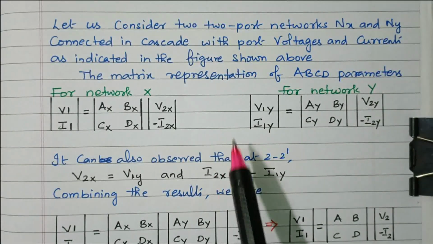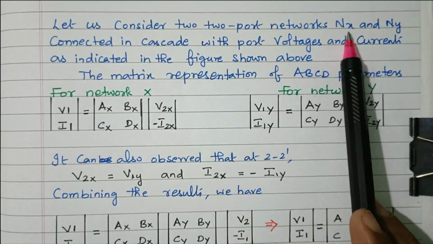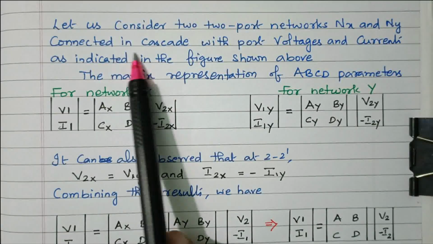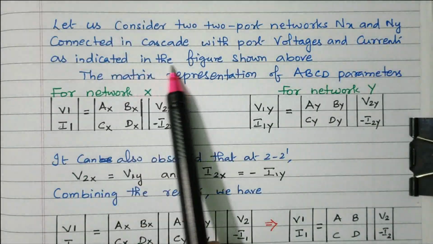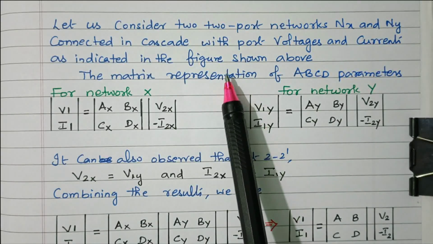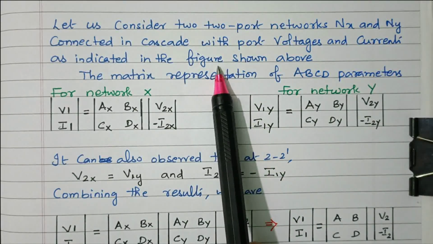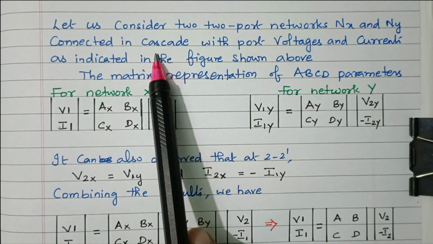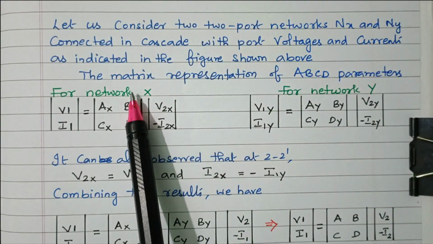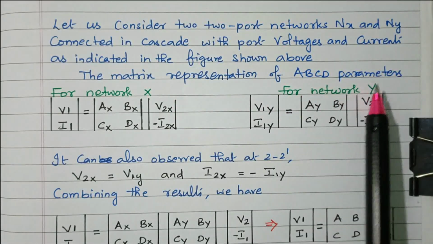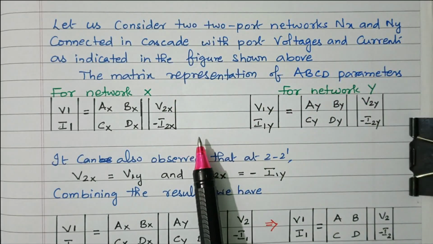Let us consider two-port networks NX and NY connected in cascade, with the port voltages and currents indicated in the figure. Right? So what we discussed: two networks are connected in series cascade, and the voltage and current notations we also verified. Now we'll see the matrix representation of these ABCD parameters.